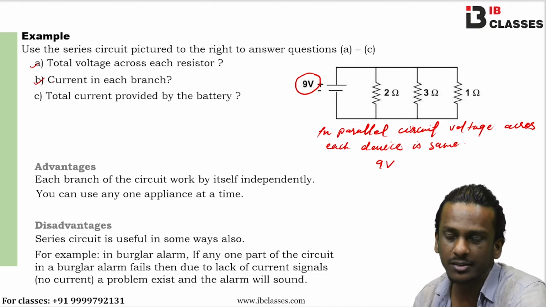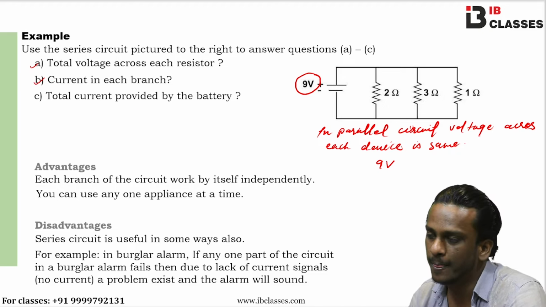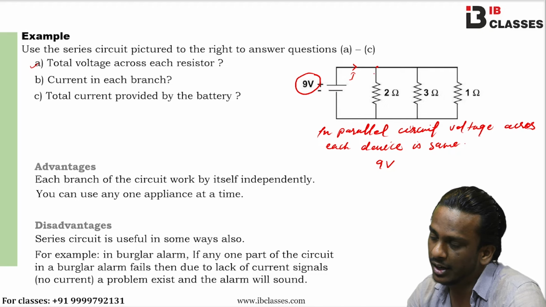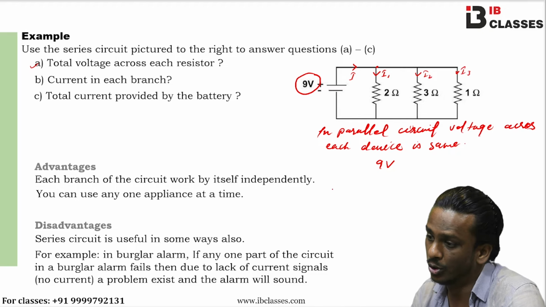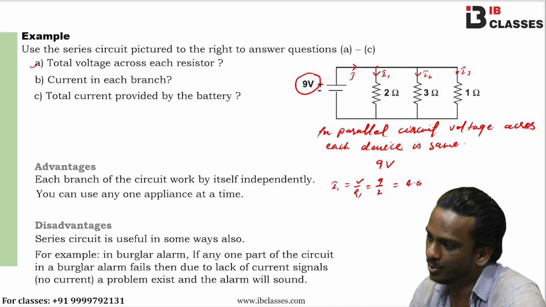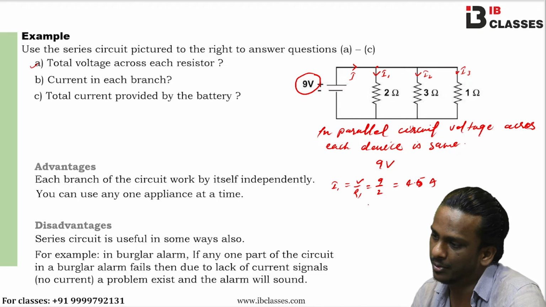The second part is the current in each branch. The current flowing through this branch we can consider as I, but after reaching this point, it will divide into I1, I2 and I3. So I1 will be equal to V over R1, and now V is 9, R is 2. After calculating you will get 4.5 ampere.